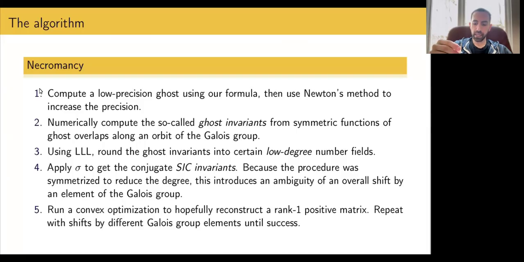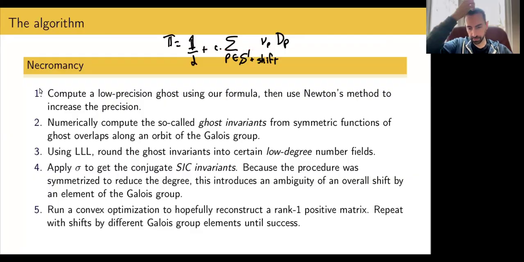And we then take those orbits, which means we know a partial sum of some subset of things up to some shift of these new p's, and Π is equal to the identity plus some constant times this.